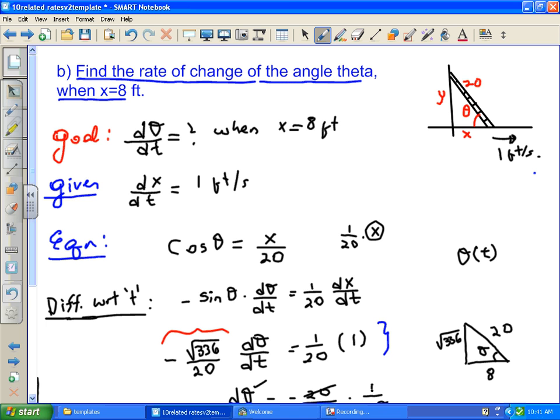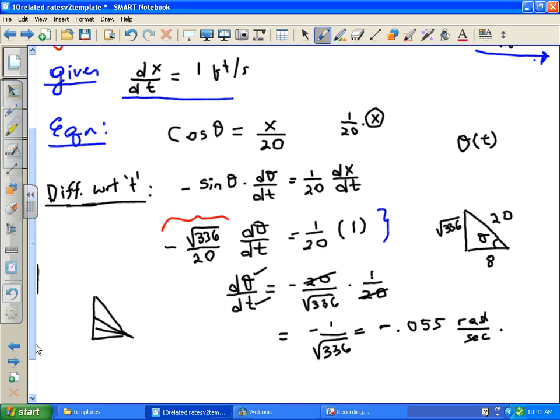The 1 was dx dt. That was given in the previous part of the question. Remember, they were pulling this ladder away at a rate of 1 foot per second. So that part is still the same for this question. That's dx dt, given as 1, and that's what we used over here. We plugged in 1 for dx dt, and we plugged in 8 for x down here.